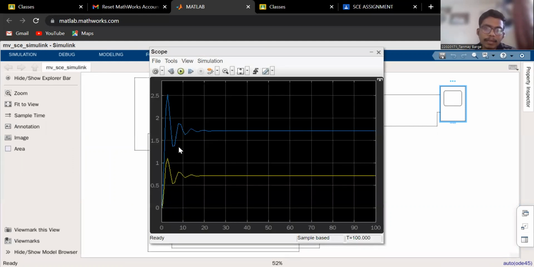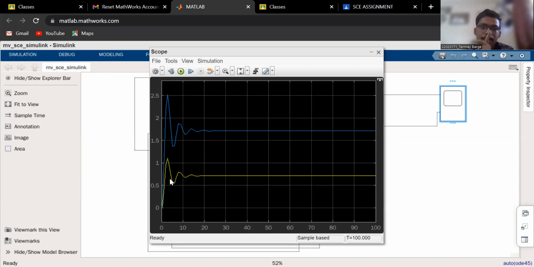As we can see, as we have used the 2 degree of freedom system, we are getting two graphs, one for each mass and spring system. For the first mass and spring system, we are getting a bigger overshoot and undershoot amplitude, and after some time, due to the use of the damper, we get a straight line.